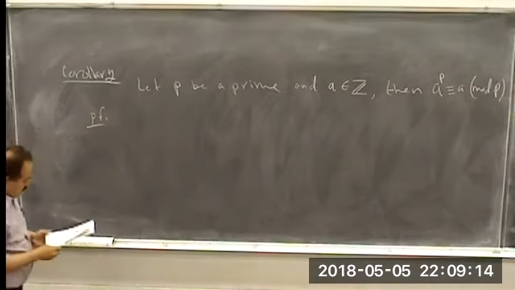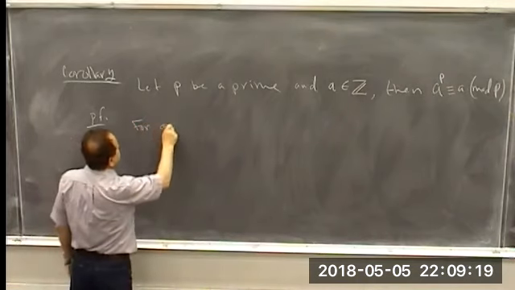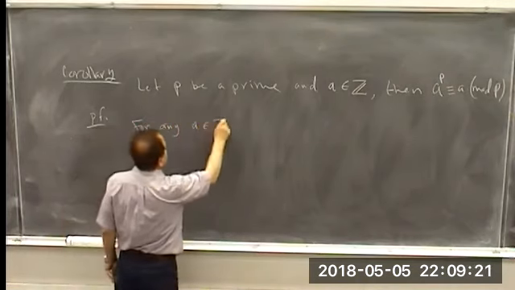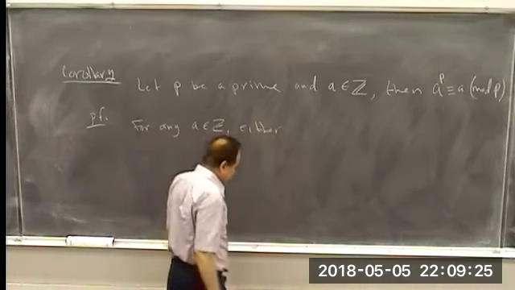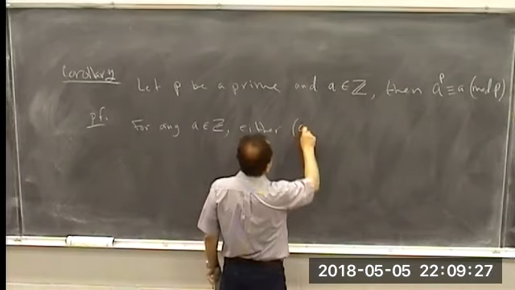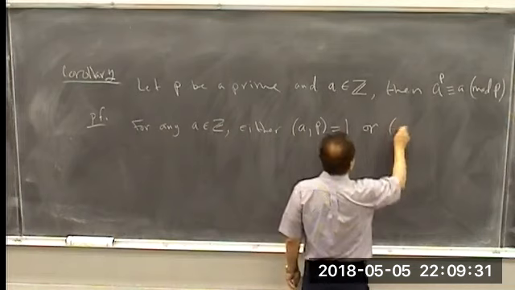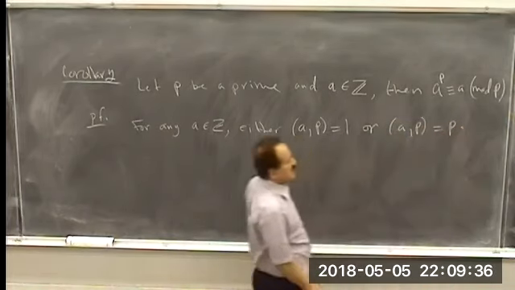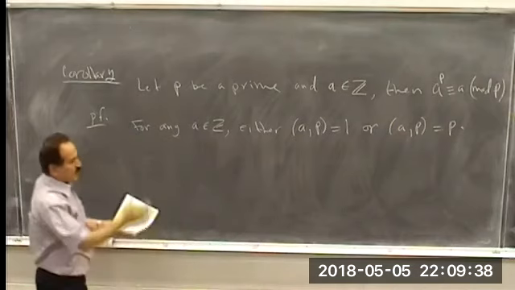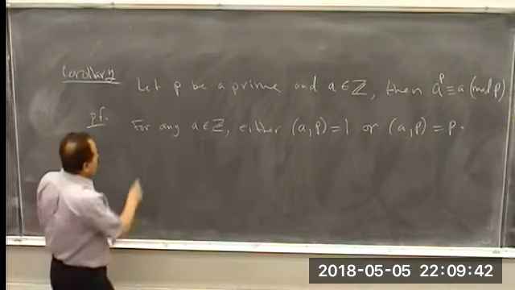You know that for any a in Z, either the greatest common divisor of a and p is equal to 1, or is equal to p. Either 1 or bigger than 1, in that case it's going to be p.